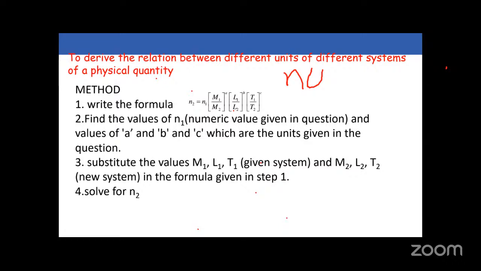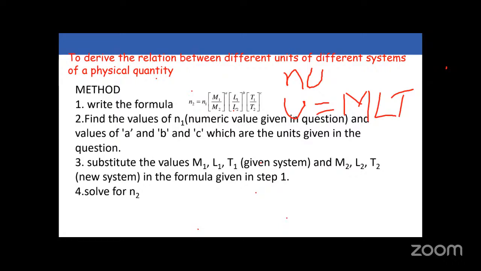Now, this unit u is what we have represented in the dimensional formula as MLT.